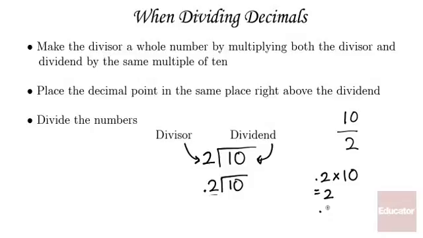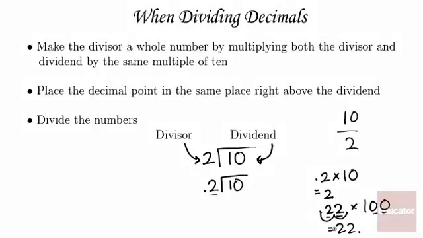If I have 0.22, I have two numbers behind the decimal point, so I have to multiply it by 100. There are two numbers behind the decimal point, so I need two zeros in the multiple of 10, so that it becomes 22, or 22.0, same thing.